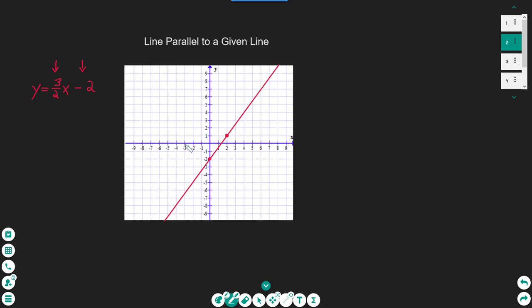So we have our -3 on the x-axis, 4 on the y-axis. That would put us right here. So this point is -3, 4. And the goal here is to find the equation of a line that passes through this point and is parallel to the red line. All right?